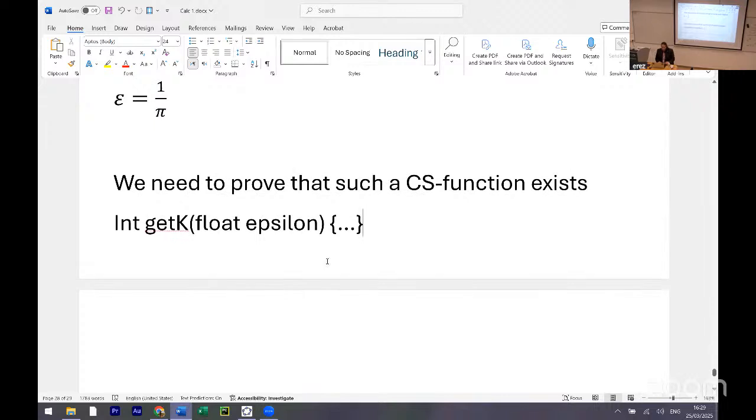Okay, so now for the actual solution, the proof.